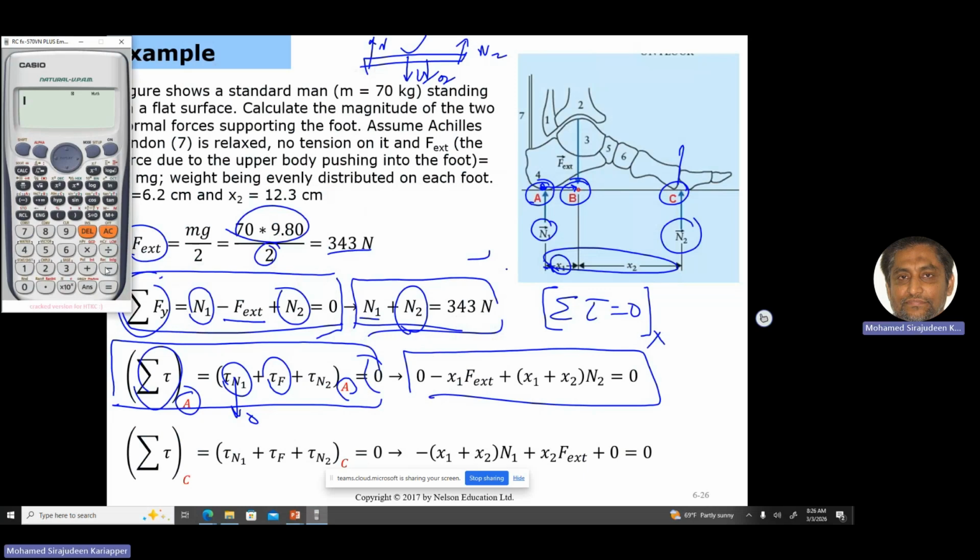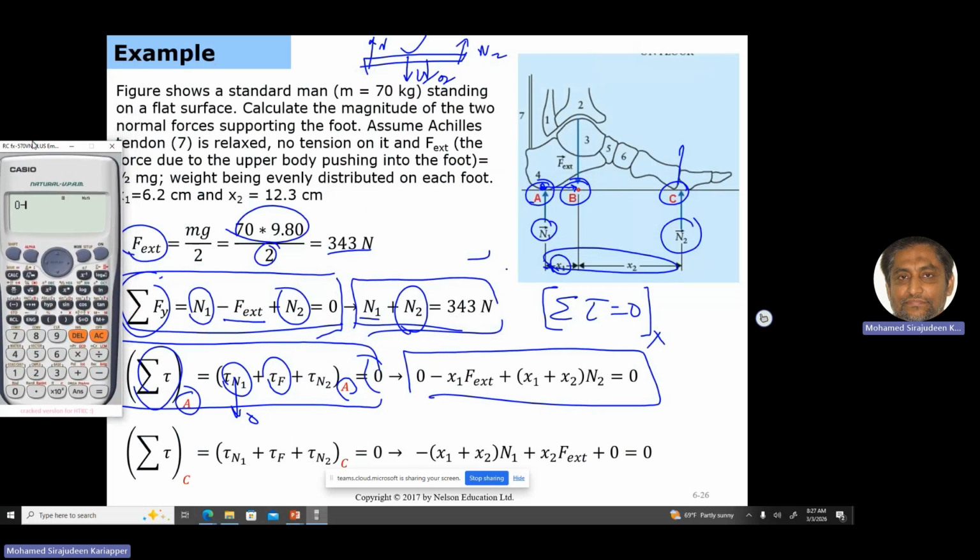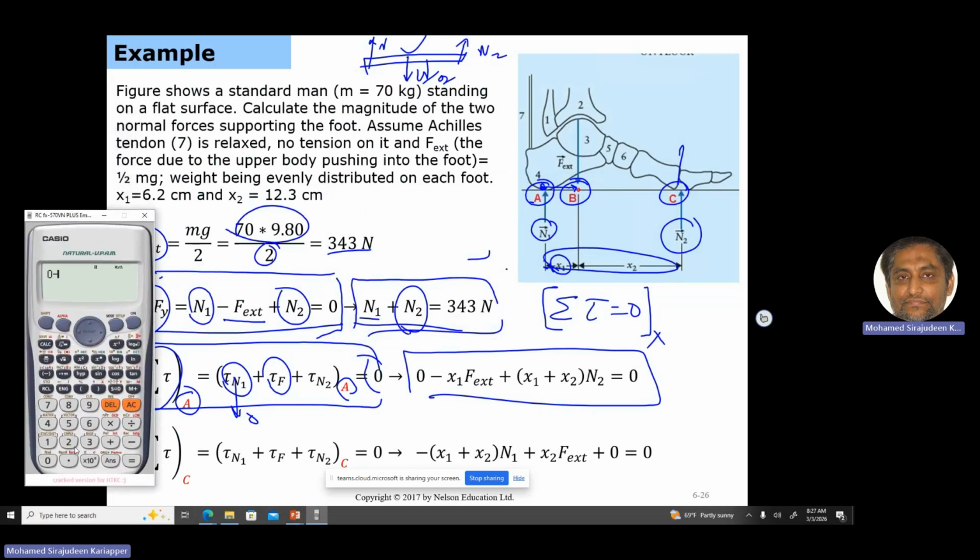Okay, there is a subtraction, so just to be complete, I will put 0 minus x1. What is the value of x1? Can somebody help me here because I am covering the day. Okay, 6.2. Do I need to convert it into meters? No need, because I am going to put everything in centimeters. Every term has a length, so we can keep it all in centimeters.